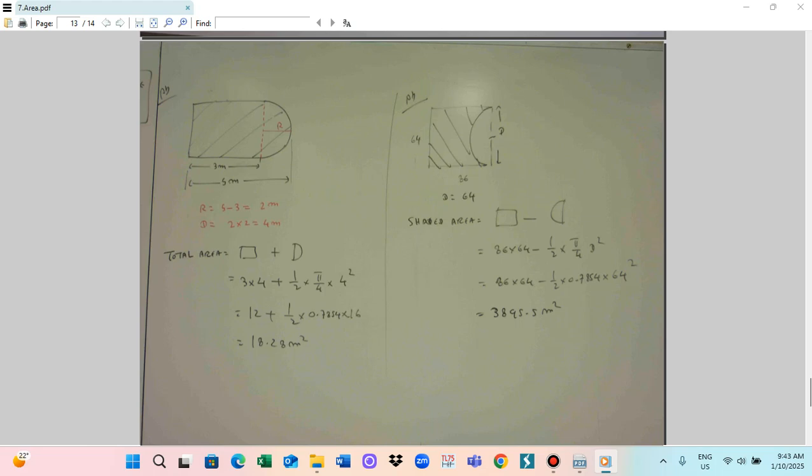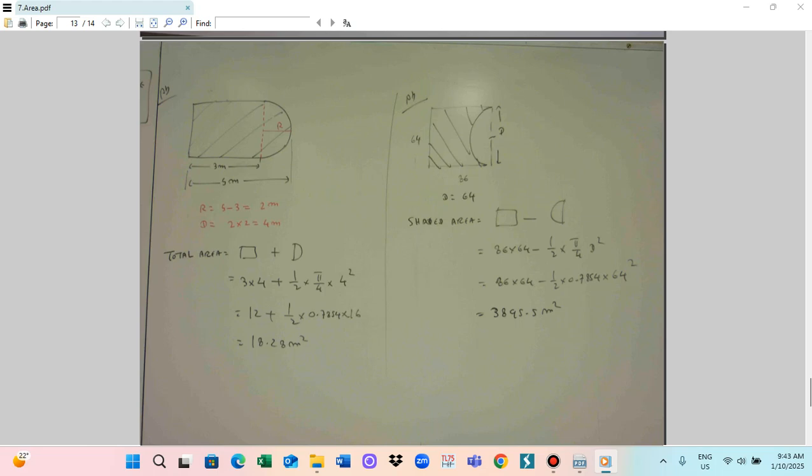So the shaded area is equal to the rectangle area minus half of the circle area. So rectangle 86 multiplied by 64 minus half multiplied by pi by 4 into D square, which is 0.7854 and D square. Diameter D is 64 square.